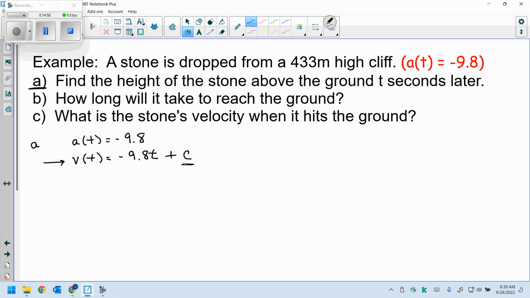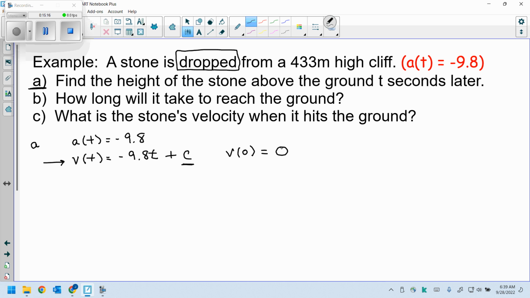But since the stone is dropped, when you drop something, that moment your hand leaves it, what is its velocity? At a time of 0, I know that we get 0 as our velocity.